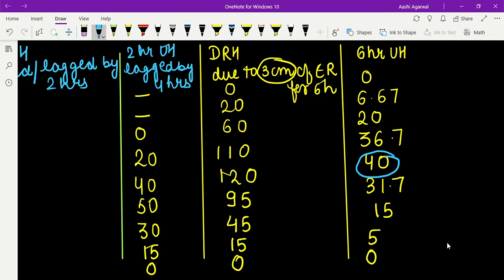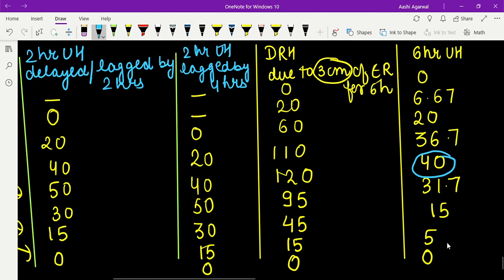If you want to know the peak value of a 6-hour UH and the peak value of the 2-hour UH, you will see this. So what does it mean? The same rainfall, when it was occurring in 2 hours, was this much, and when the same rainfall is occurring for 6 hours, this is what you got.